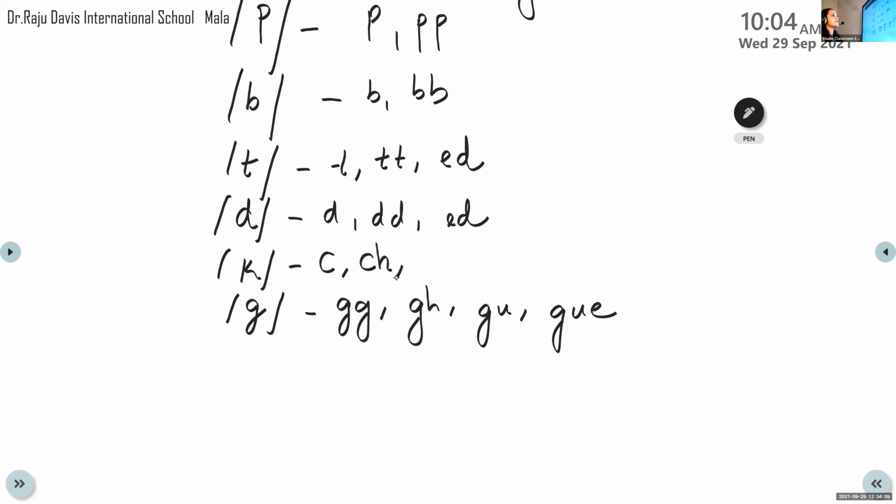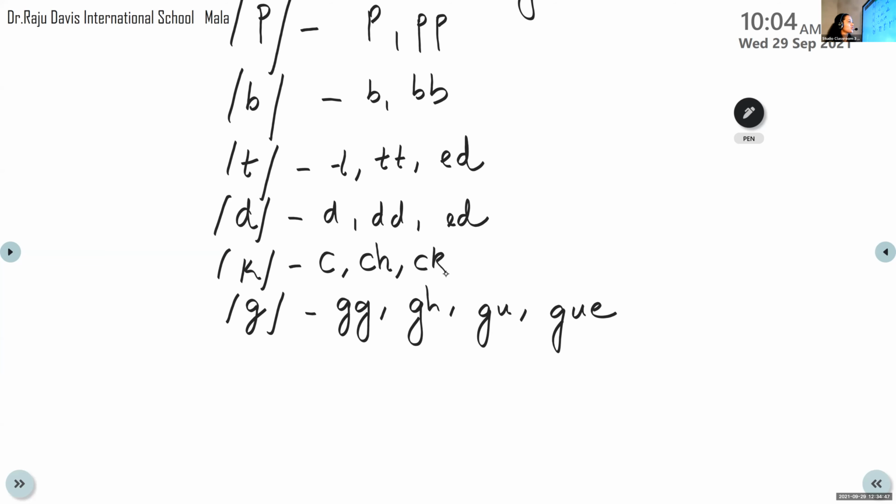Then CK, like back, sock, shock, frock. Please mute your audios. Durga, mute. What about clock? Frock, yes, clock, chalk.